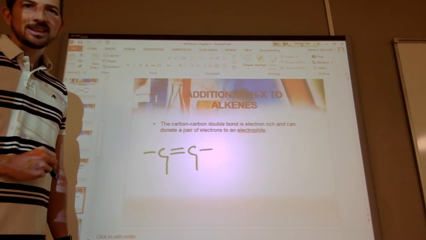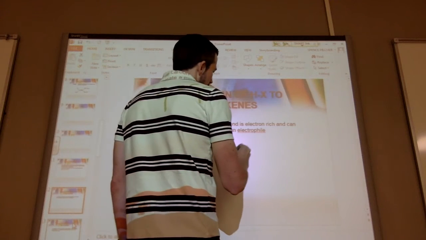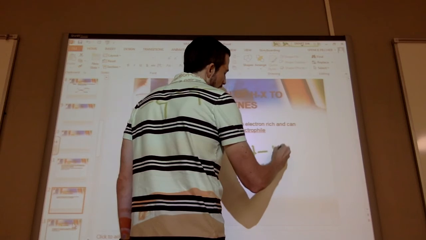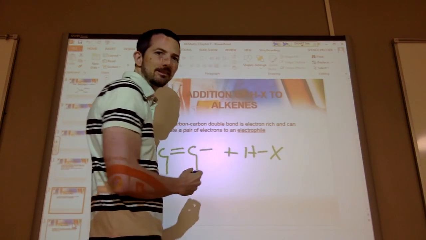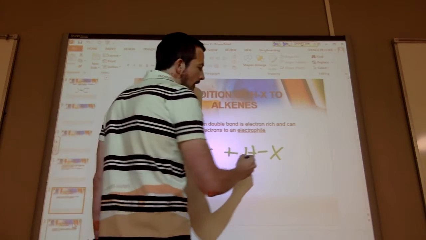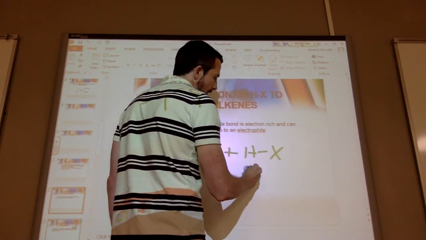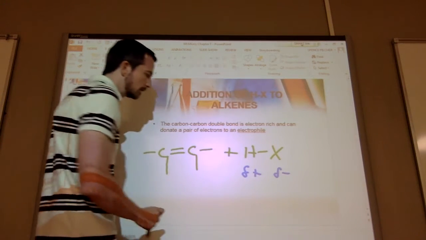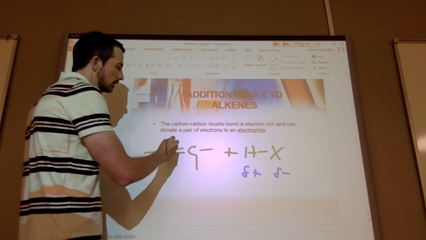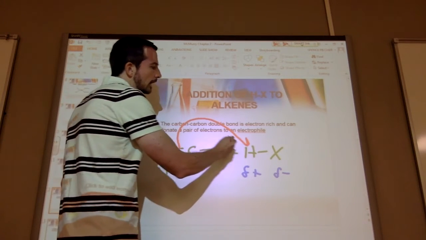So I have a C double bond C. So here I have hydrogen halide. Halogen is electronegative and pulls electrons towards it. That means the hydrogen has a partial positive charge. And so the electrons in your pi bond add the hydrogen.